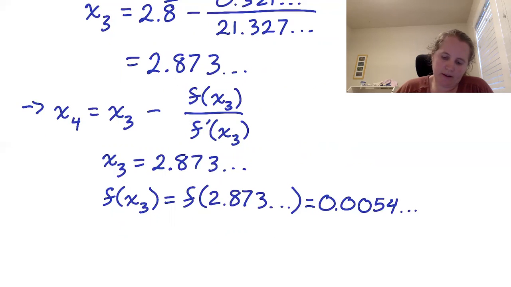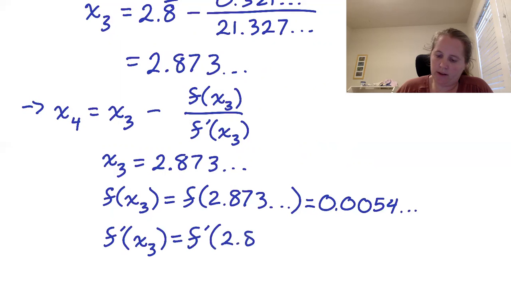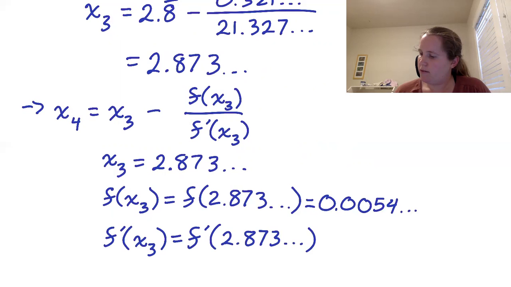And then f prime of x3, we are looking at f prime of 2.873 dot dot dot. And that winds up being 20.608 dot dot dot.